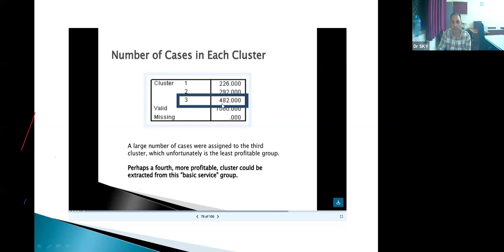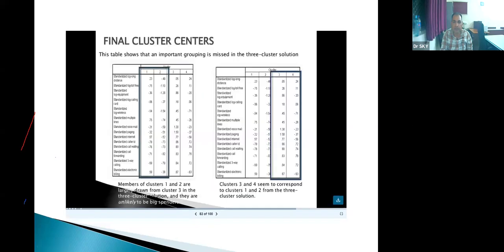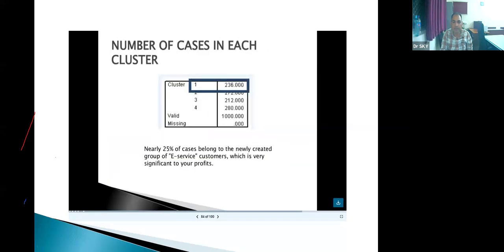If we make 4 clusters, then this will be split. Very quickly we see, if it is 4, then in the 3rd it is 212 and 280 are in the 4th. So this tells us that as per our requirement, we can make the number of clusters 4.